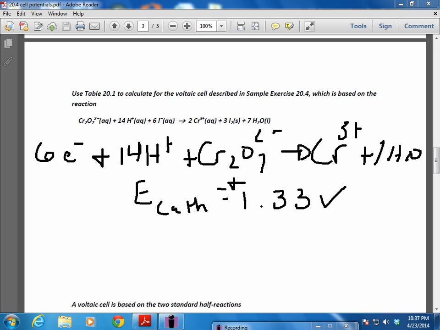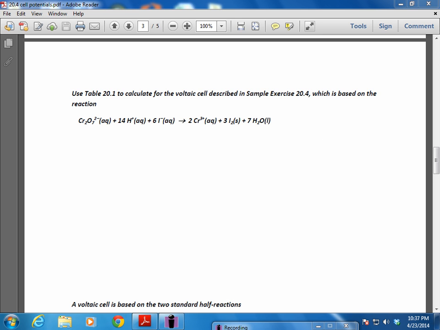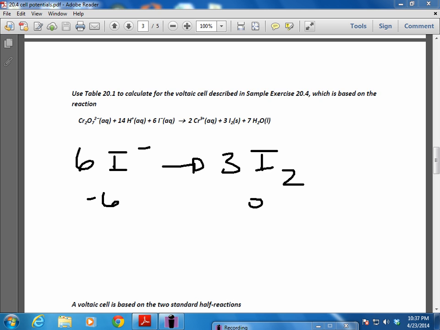If you look at iodine on the other side, that's the other half reaction. Iodine is 6I minus going to 3I2. Now notice we don't have to add any waters to this. We don't have to balance anything else except for the charge. So notice that this has a charge of 0 and this is minus 6.